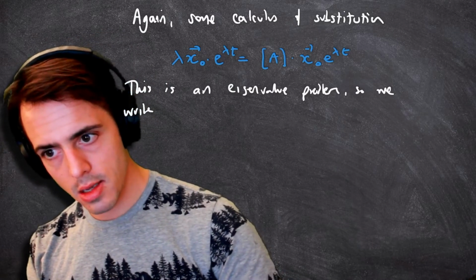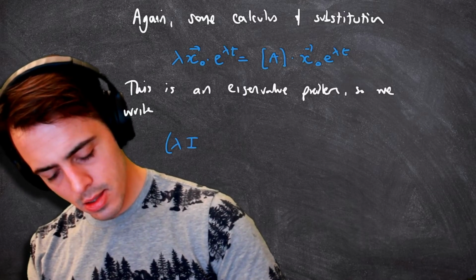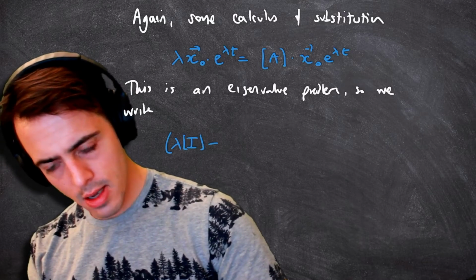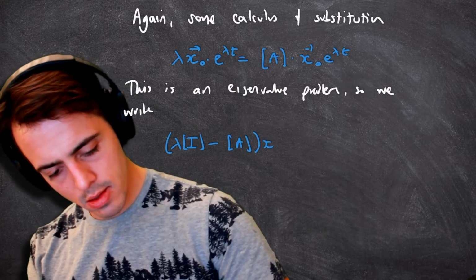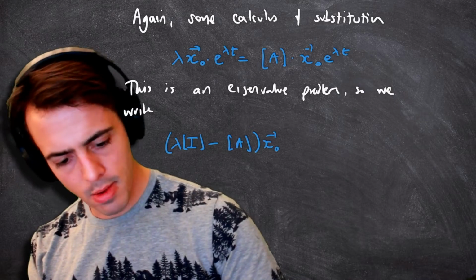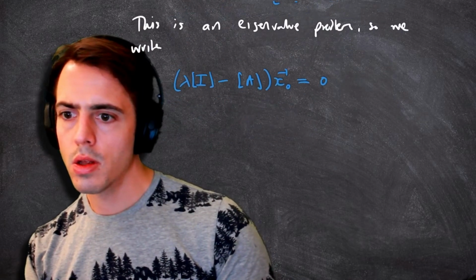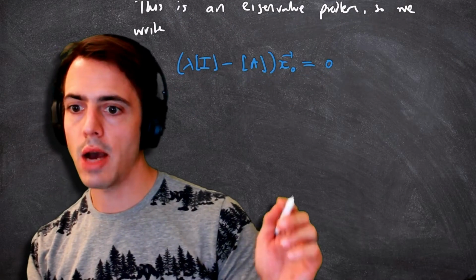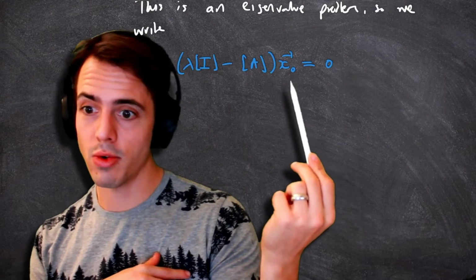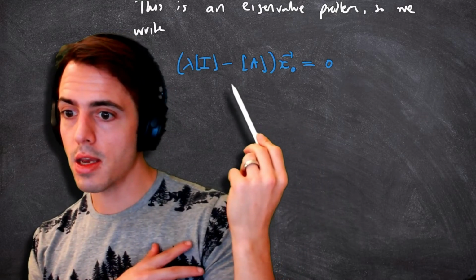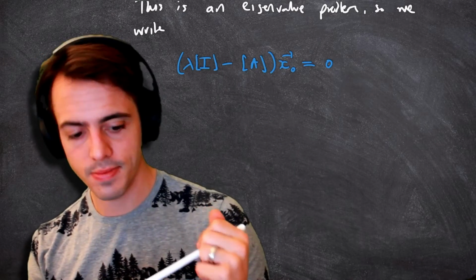We can say lambda multiplied by the identity matrix minus the A matrix, multiplied by x naught, is equal to 0. So this is our problem to solve, and there's a trivial solution which is just x naught is equal to 0. The more useful solution is found from the determinant of this left hand side.